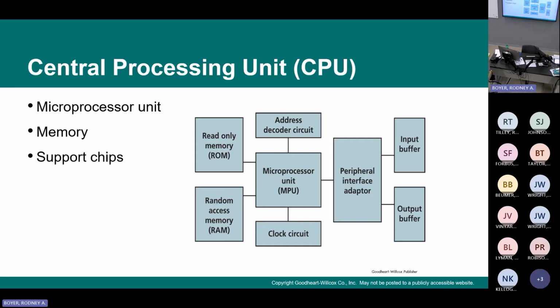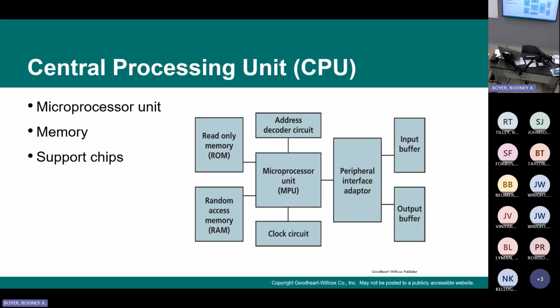And the read-only memory and random access memory: read-only contains the controller's instruction set. Random access, or RAM, is where your user program is stored. And then the I/O buffers.